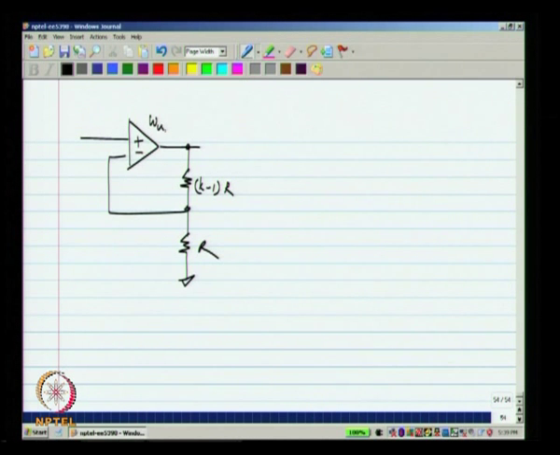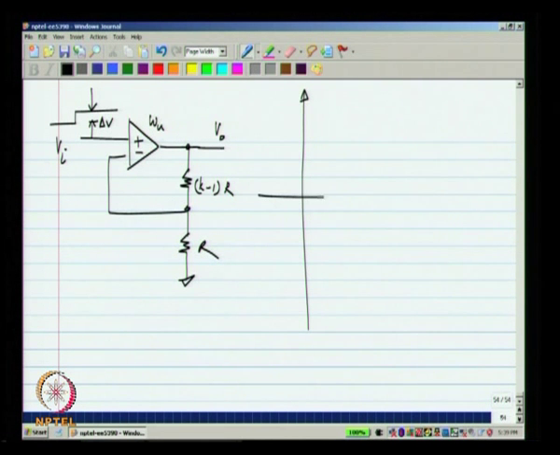Let us say the op amp has a unity gain frequency omega u, and I apply Vi, which is a step, of some size, and that is VO. What do I expect if I apply an input step of delta V?